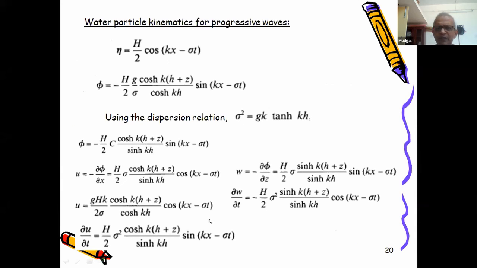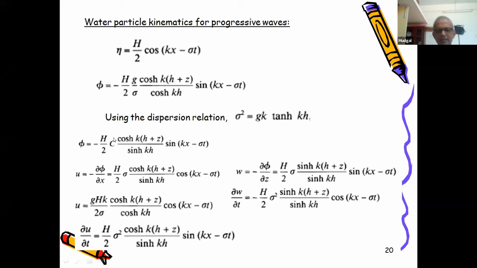Now we will quickly look at the kinematics. So water particle kinematics: eta is equal to H by 2 cos(kx minus sigma t), and phi is equal to minus H by 2 times g by sigma times cosh k(h plus z) by cosh kh times sin(kx minus sigma t). You take this and use the dispersion relationship, substitute for sigma here, and you would get this value c.